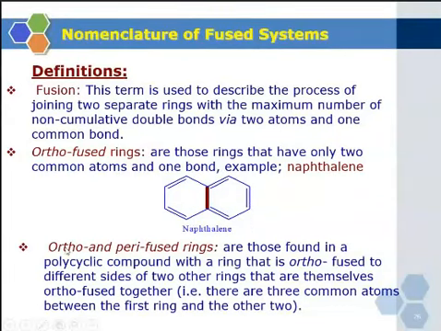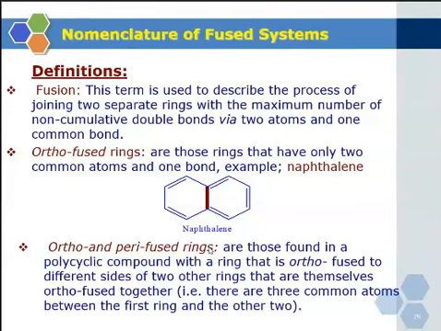Now, when we talk about ortho- and peri-fused rings, it includes rings which are found in a polycyclic compound, and the rings are fused in such a way that the ortho-fused ring is in turn fused to some other rings.